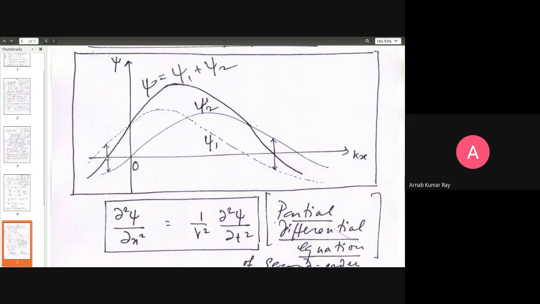At this point, the value of psi is 0 because the positivity of psi1 is cancelled by the negativity of psi2. And here at this point, psi2 has a positive value and psi1 has a negative value, and the magnitudes are the same. Therefore, the two values cancel each other, and you have psi going to 0. So like that, you can have all sorts of things.